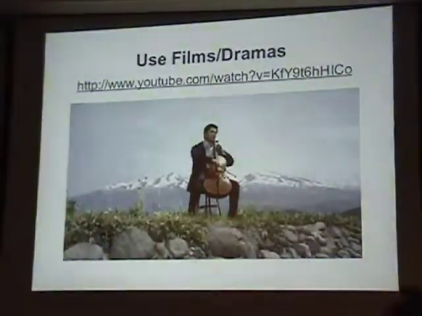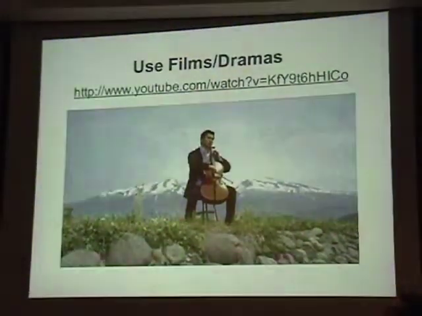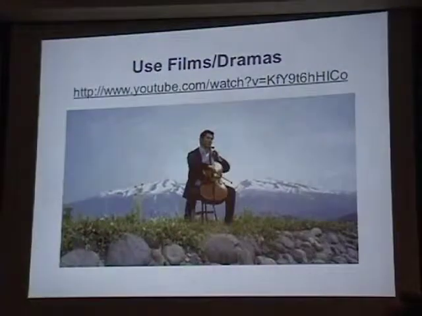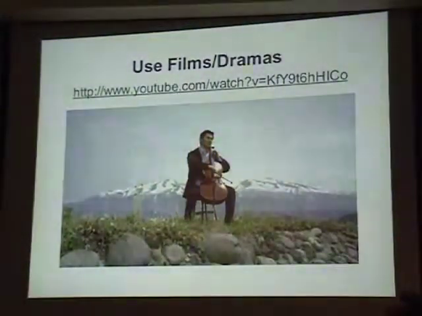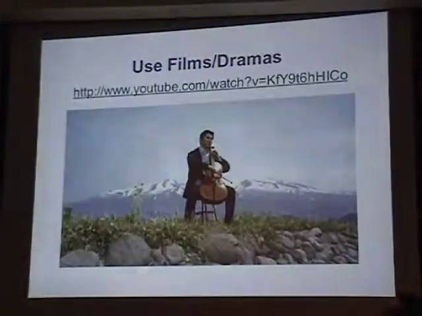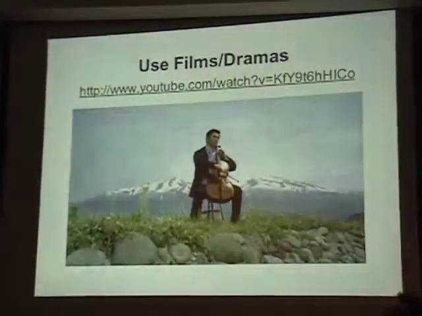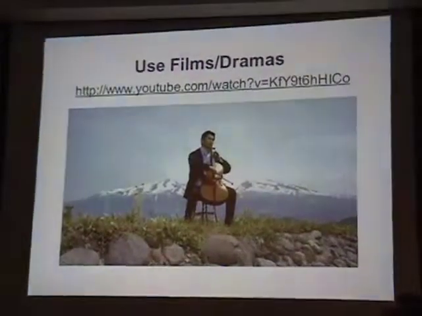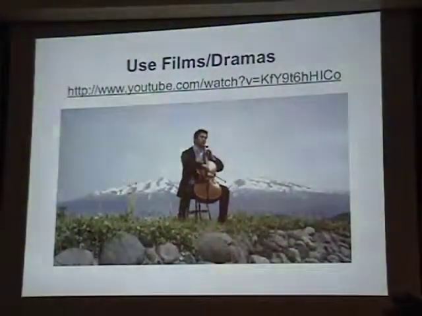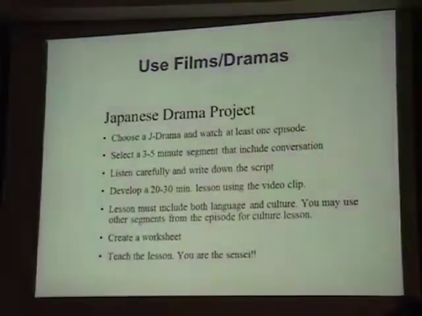I also use films and dramas because there is authentic input. But maybe K-12 teachers are too busy to look for these images and resources, so I will ask the students to make them.